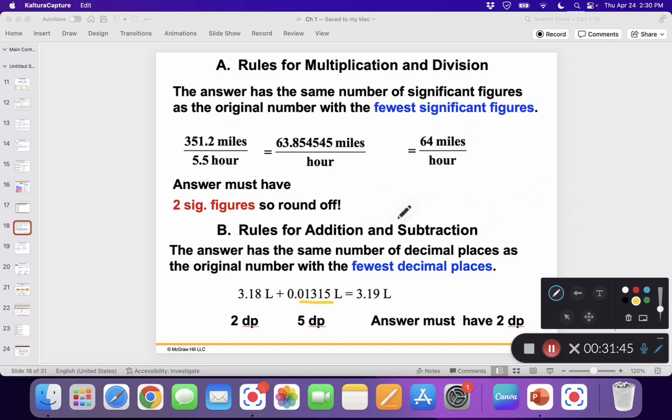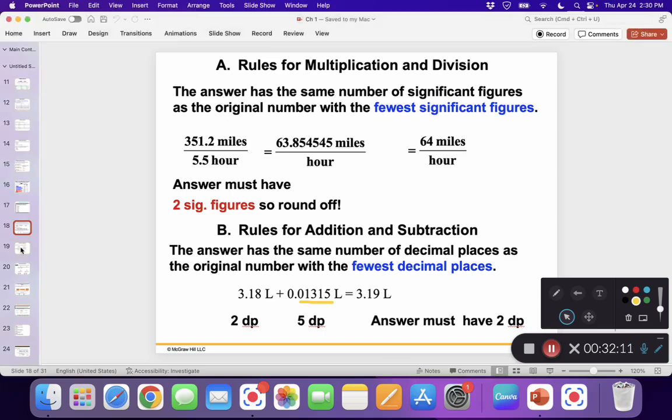We keep track of the sig figs using the PEMDAS rule, and finally, at the very last step, we write the answer with the correct sig figs. So rounding off we always do at the end of the problem. We do not round off in every intermediate step. So with that, let's look at what we have.